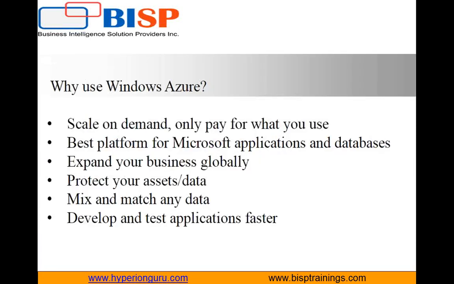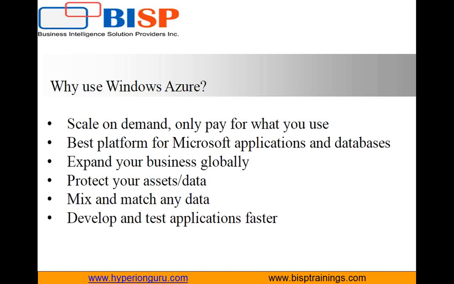Now, why use Windows Azure? Because it scales on demand and you only pay for what you use. We can expand our business globally. It lets you mix and match any type of data, and develop and test applications faster. That's the best part of Windows Azure, that we can develop and test applications very quickly, and it can be accessed from any part of the world.